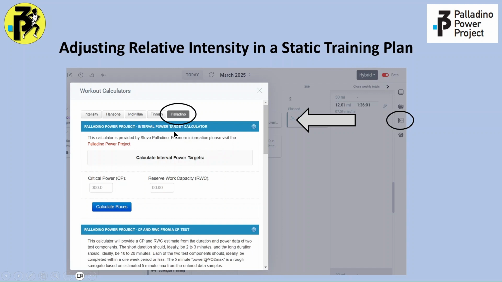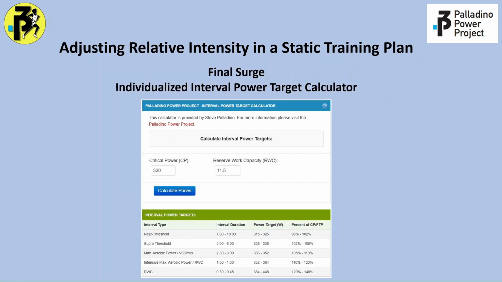And I have 4 different calculators, and the first one that comes up is the Individualized Interval Power Target Calculator.